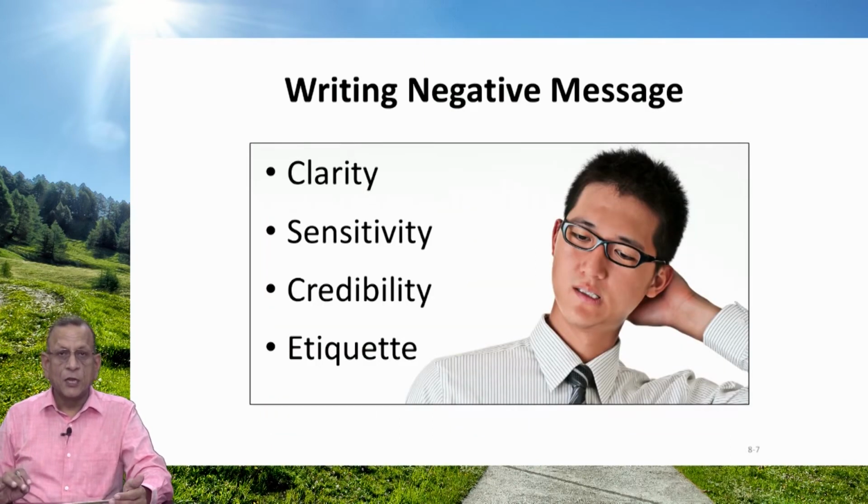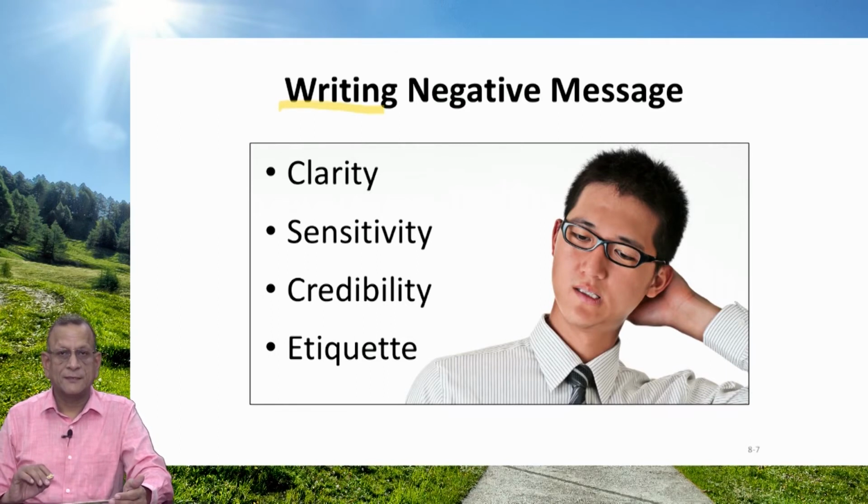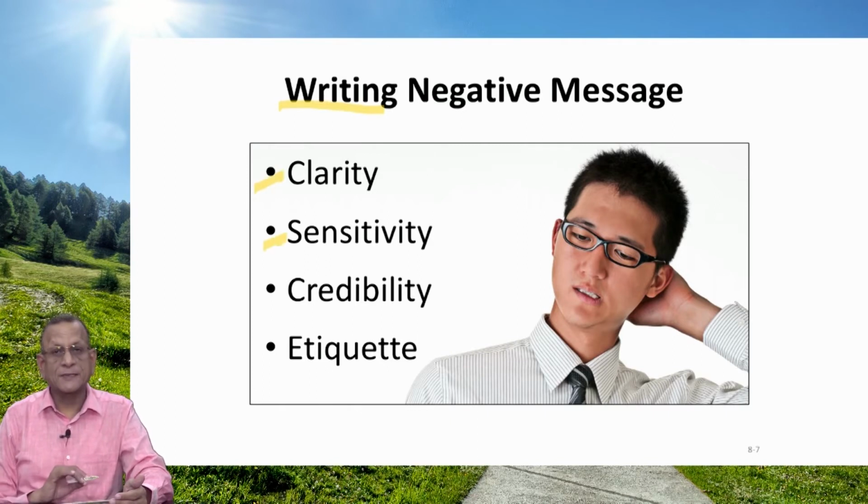Then the next step in the 3-step process is writing. Writing should have clarity. Then you have to be sensitive towards the needs of the audience. You have to maintain or establish your credibility, and you can't afford to miss the etiquette part of it.